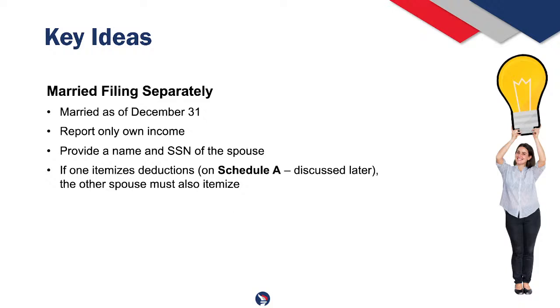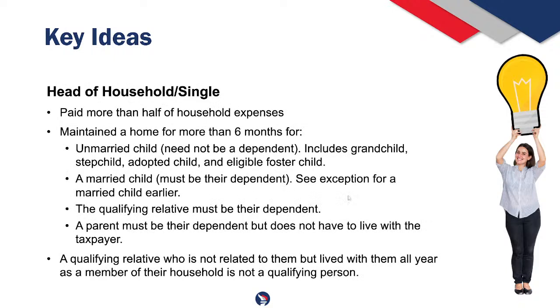Even though by any other scope they should have, they can be considered unmarried for head of household purposes. So the first spouse who's married filing separately does itemize. The second spouse who is going to file head of household considered unmarried does not have to itemize.